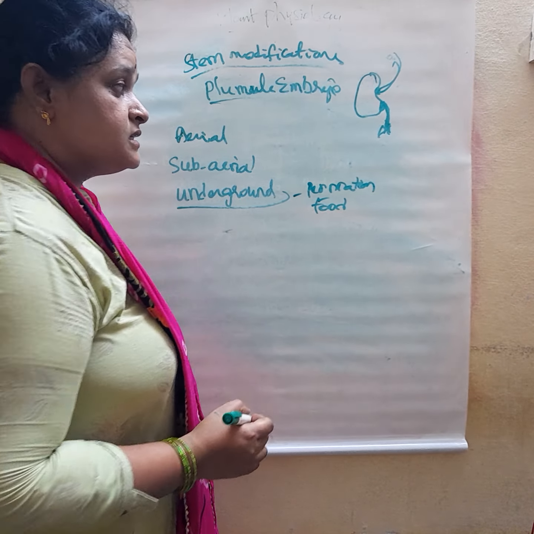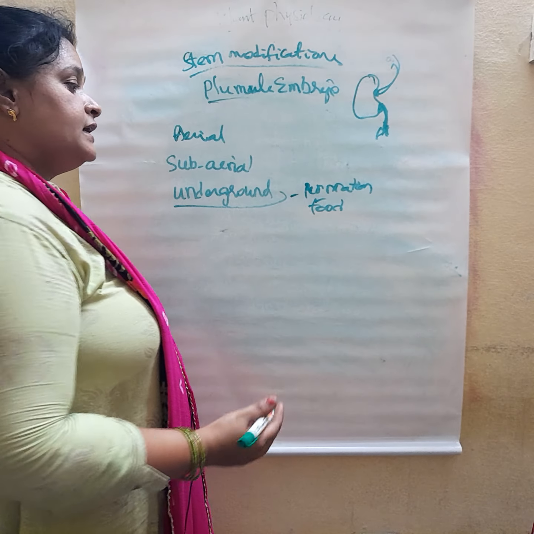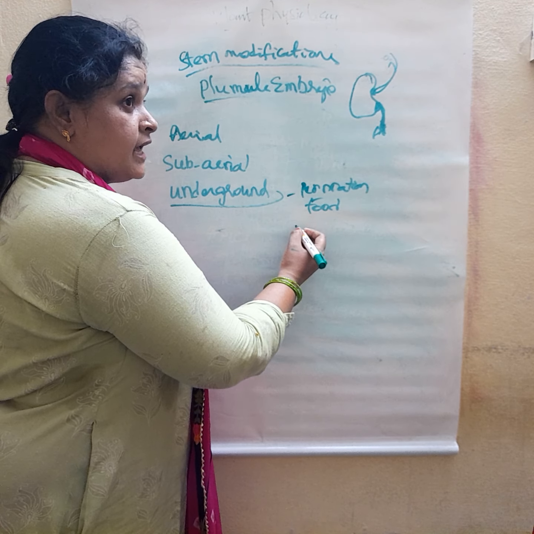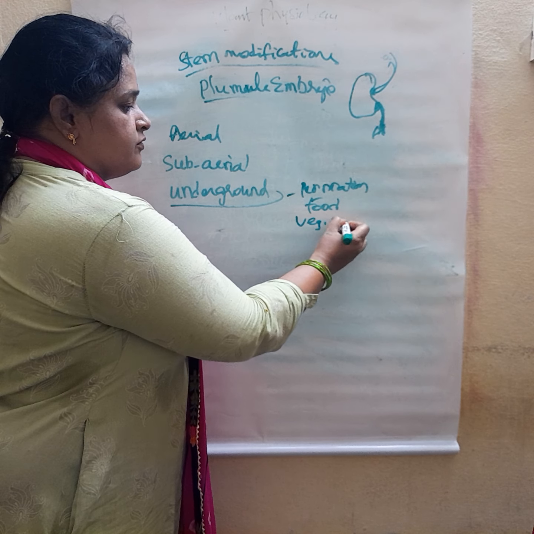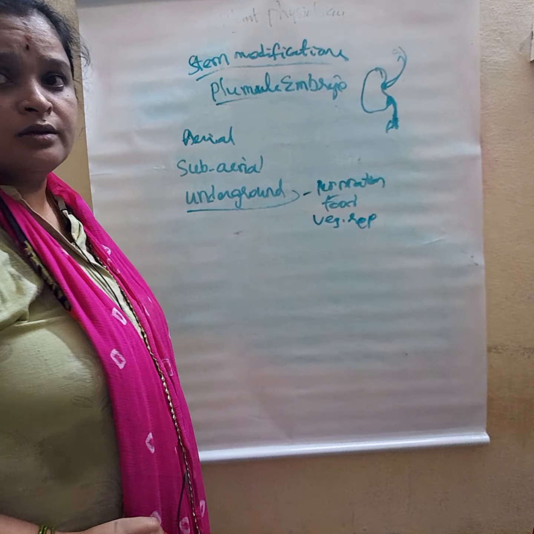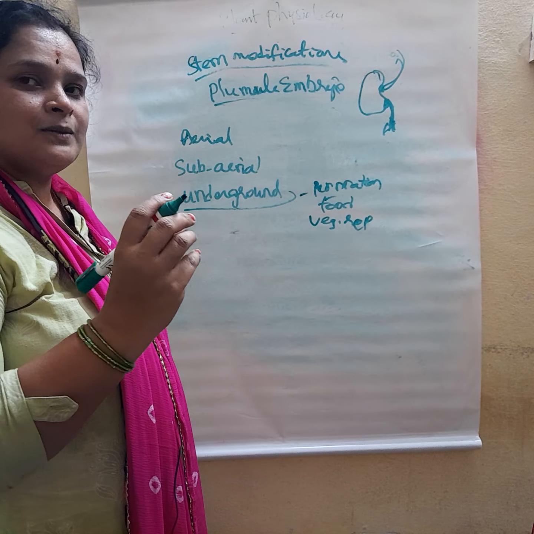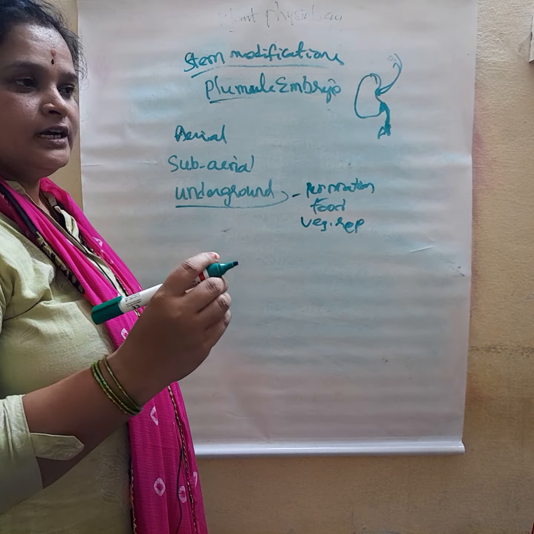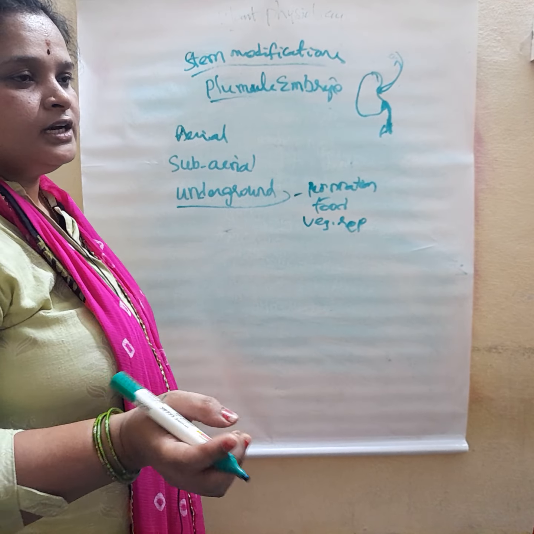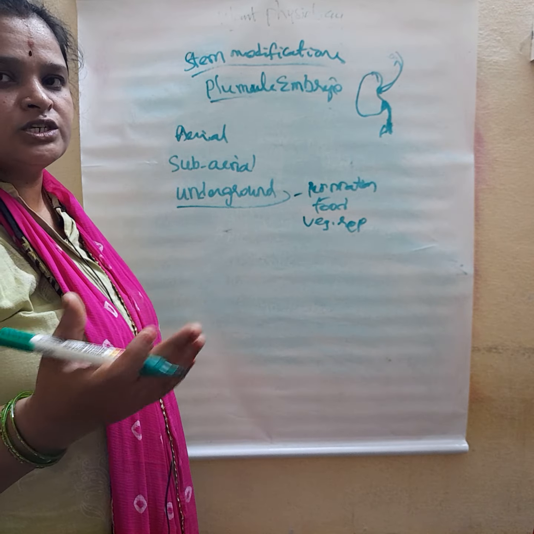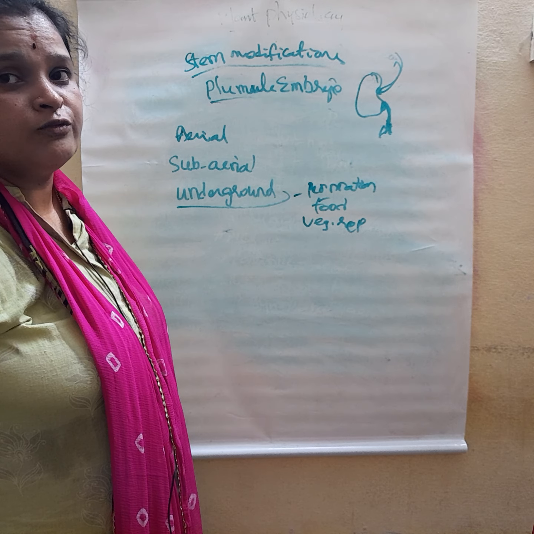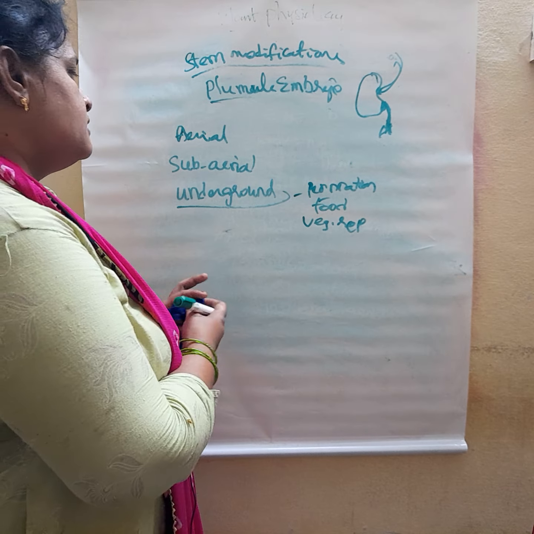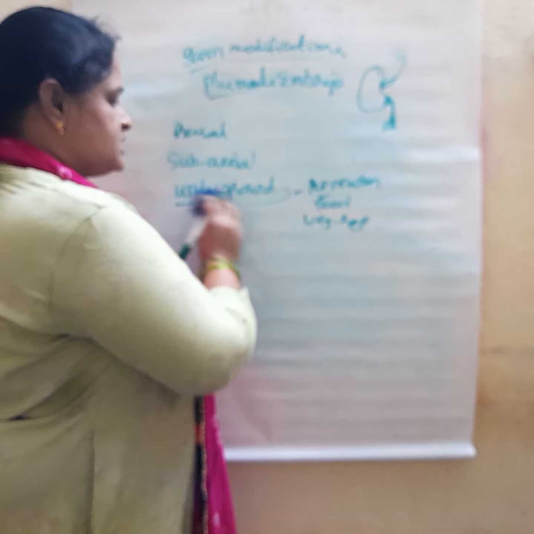It also helps in vegetative reproduction, which means a part of the plant, if you cut it and put it in the soil, may develop into a new plant. So it may help in perennation, storing food material, or be involved in reproduction. So that is called the underground stem.